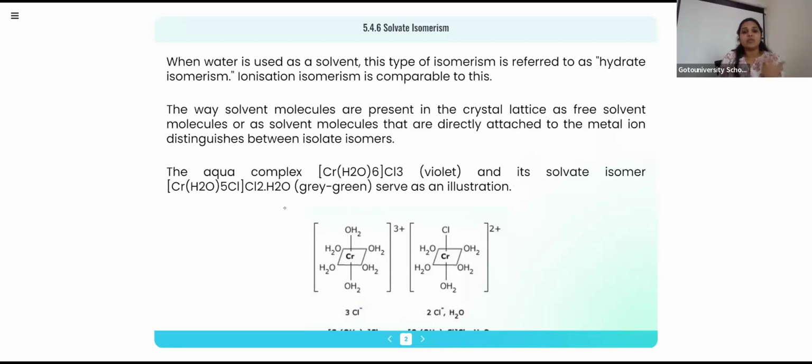The entire property is changing; the color of the complex is changing. This is solvate isomerism, or hydrate isomerism, because here we are using water as the solvent. It is similar to ionization isomerism, but the thing we are interchanging is the water molecule. That is the difference.